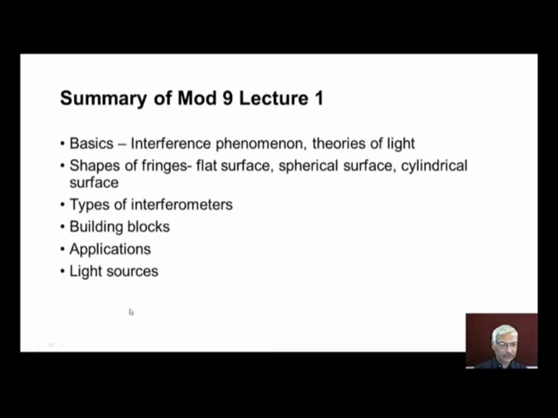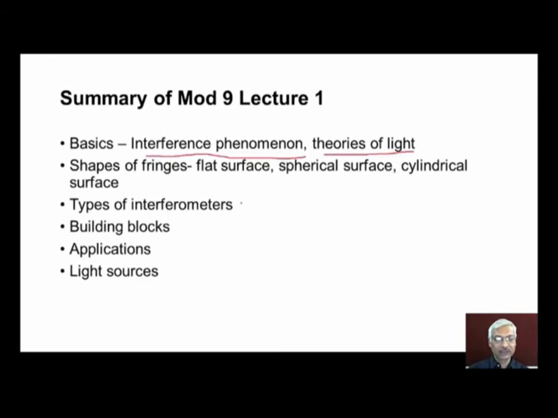Now let us conclude lecture 1. In this lecture we discussed the different theories of light and the phenomenon of interference of light, and how we get the fringe pattern, and what is the shape of the fringe pattern we get depending upon the type of workpiece.